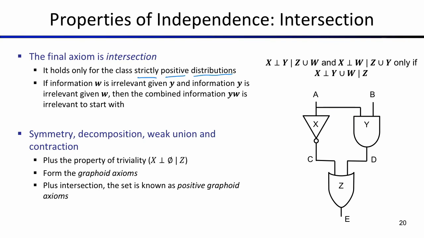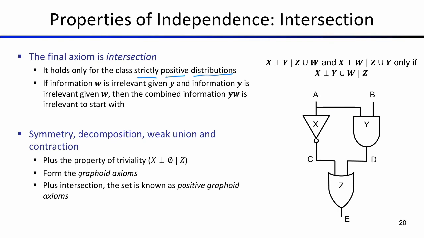So these are distributions where we don't find zero probabilities. And because the probabilities in the distribution must sum to 1, it also means that we don't have probabilities equal to 1. So we will not have those deterministic probabilities in this case. So it will hold for every probability distribution except those that are deterministic.